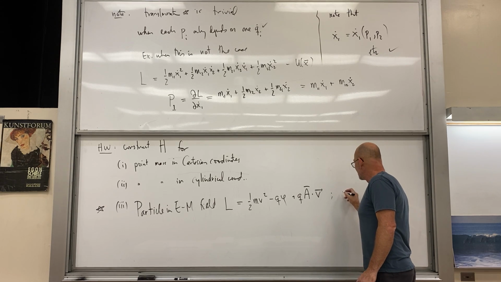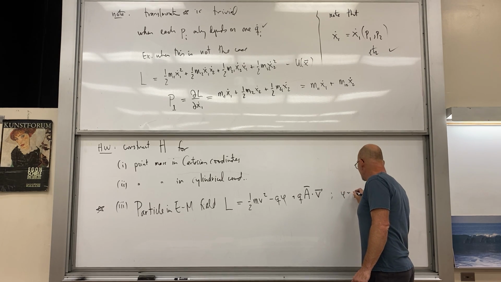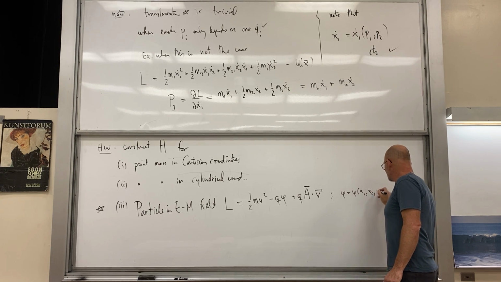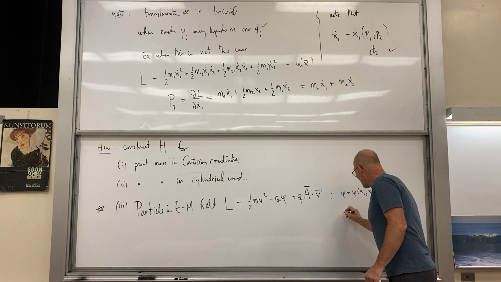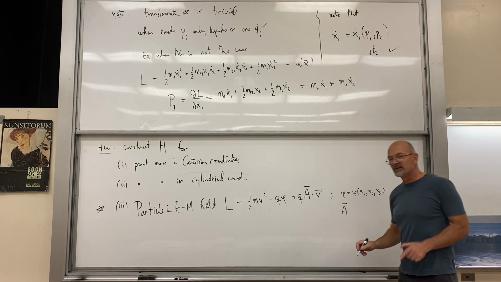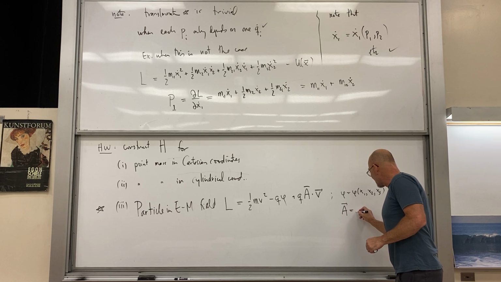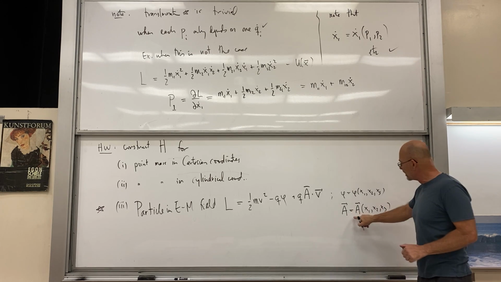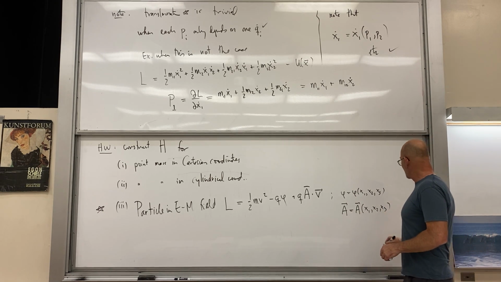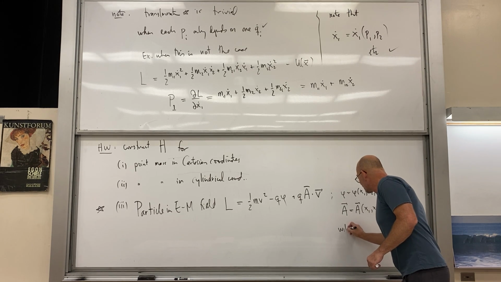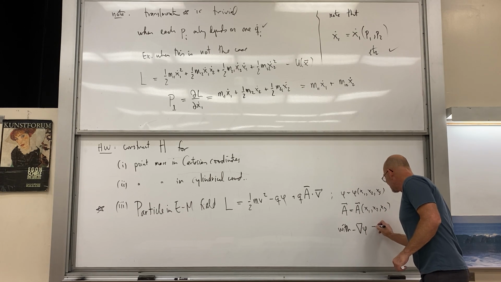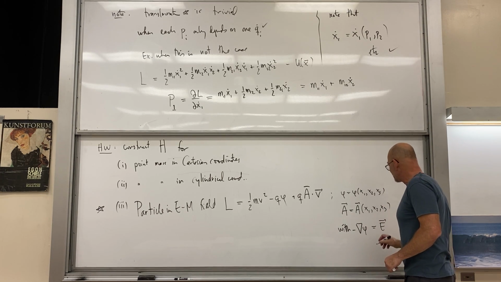So we have phi is equal to phi of x, y, and z, or x1, x2, x3. A, that's 3 components, the vector potential. Learn about that in Physics 107. A of x1, x2, x3. So you have A1, A2, and A3. And we know that minus the gradient of phi gives us the electric field.